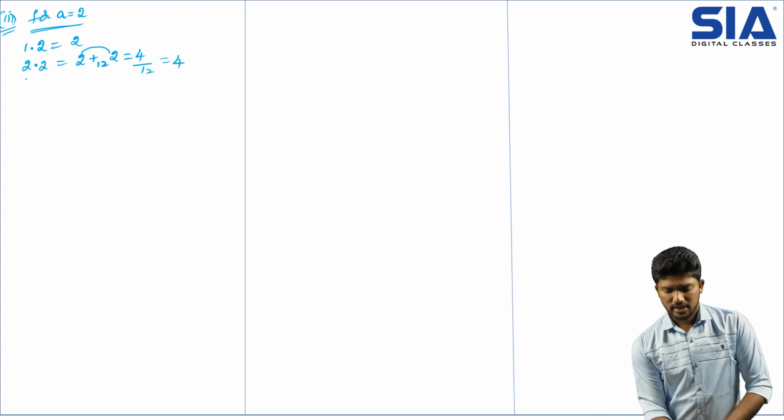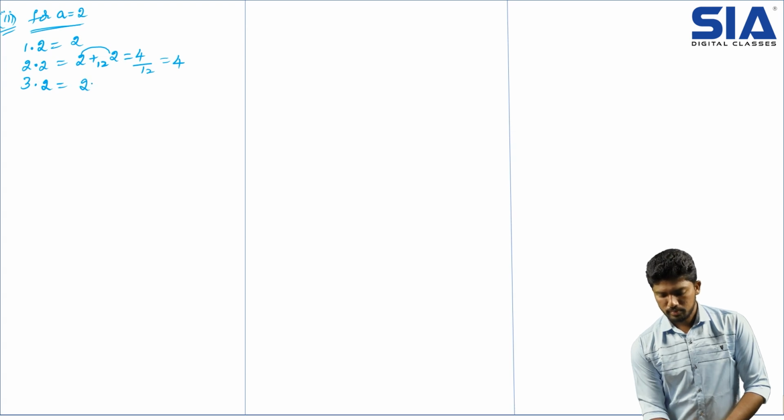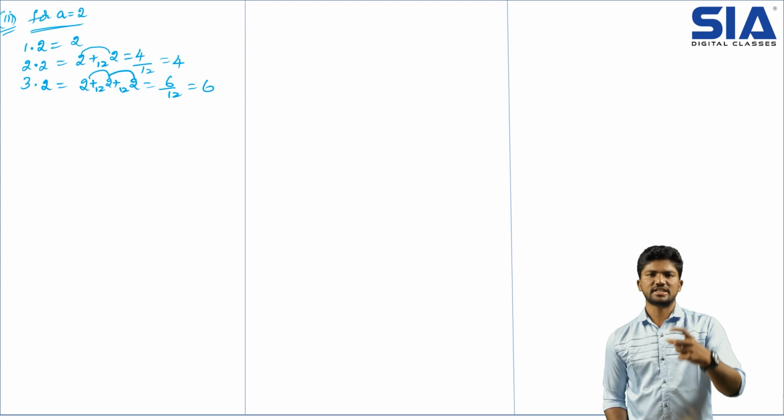Next 3 into 2 is 2 plus addition modulo 12, 2 plus addition modulo 12, 2. 2 plus 2 is 4, 4 plus 2 is 6, 6 by 12. You will get 6 as the remainder, but we need to get the addition identity 0.